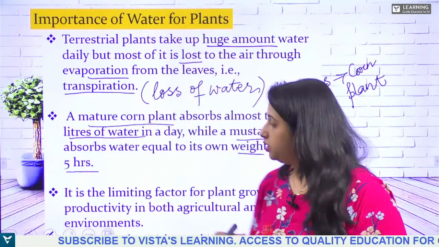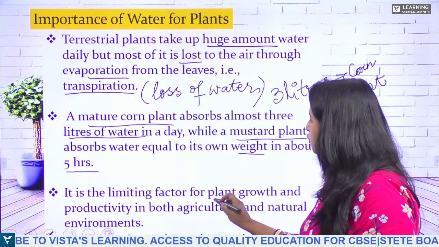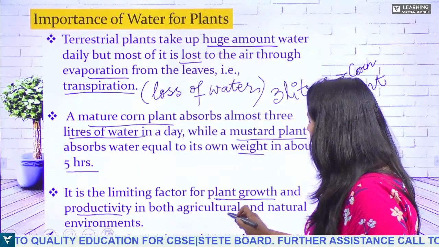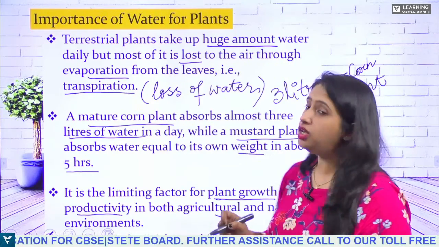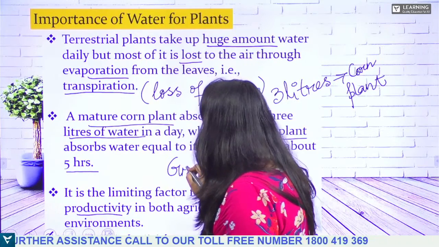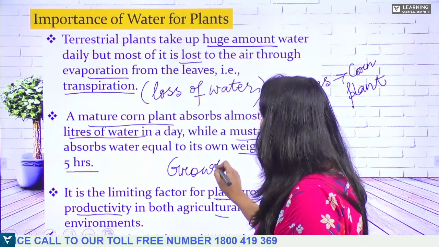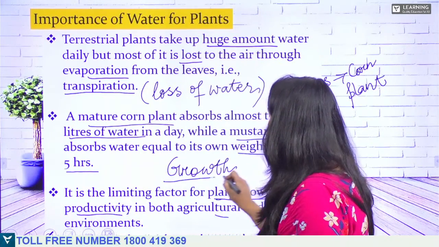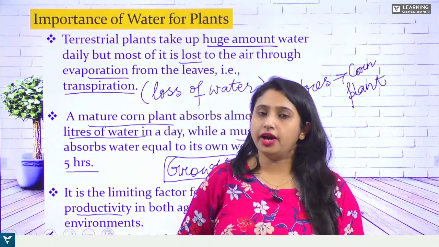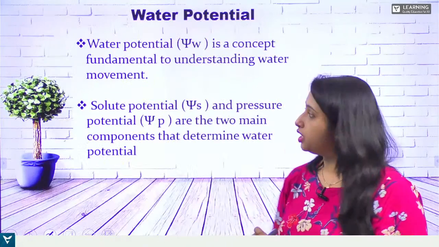Next, water is the limiting factor for plant growth and productivity in both agricultural and natural environments. So it helps in the growth of the plant, and it is one of the important factors necessary for the process of agriculture.